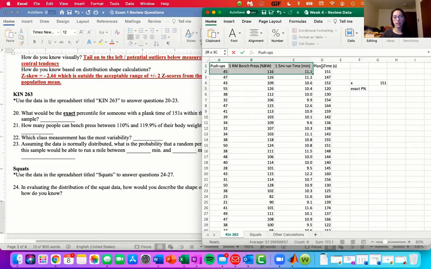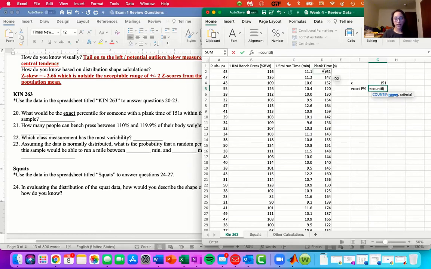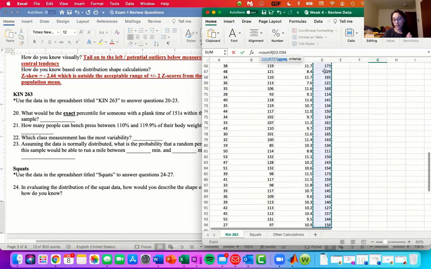So the suggestion was to filter the data, organize them from worst to best or best to worst, whichever, and then find the cumulative frequency at a given score. The other way I was thinking of is we could do a countif function, specify a range, basically gets at the same thing, it just does it without the filtering step.